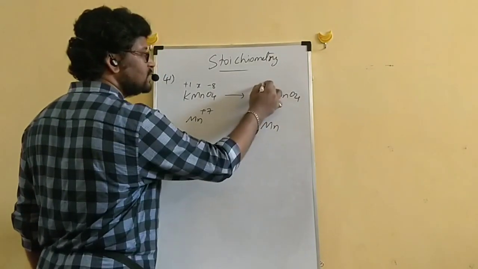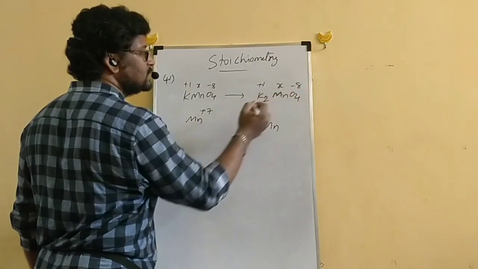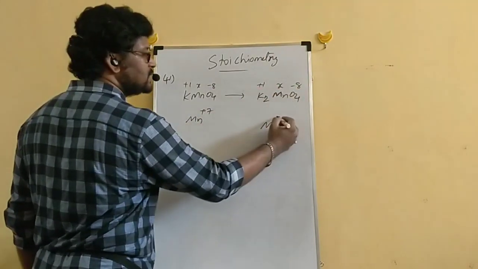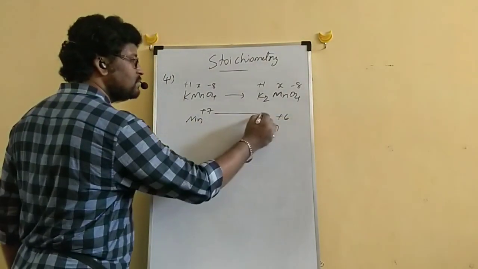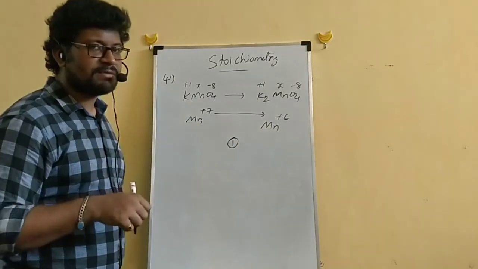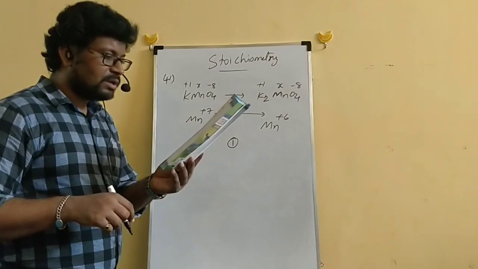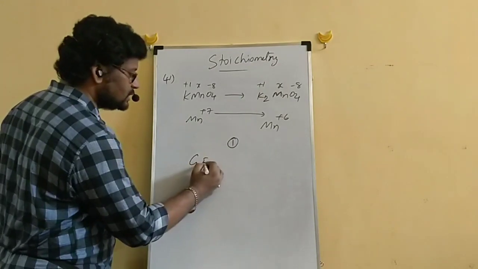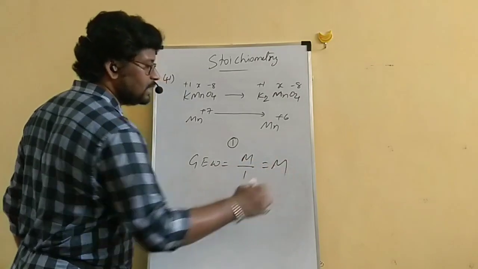Potassium is +1 but 2 are there, so +2, oxygen is -8, this is x, so you get +6. Manganese +7 to +6, change in oxidation number is 1. The number of electrons involved is 1, so gram equivalent weight is equal to gram molecular weight M by 1, which is equal to M.